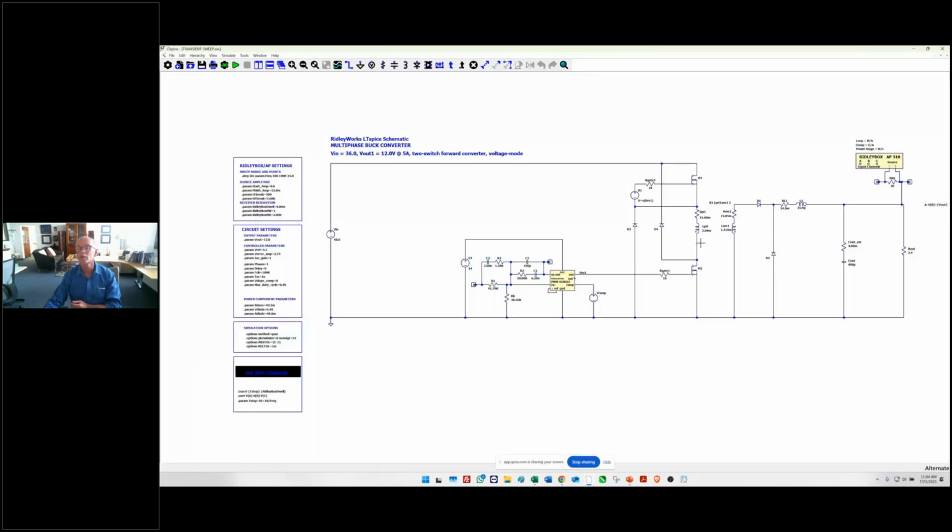In one of our presentations on the website, we also show how you can put proximity loss in the primary, proximity loss in the secondary, core loss on the transformer, core loss on the inductor, proximity loss on the inductor. You can run all the transfer functions again. Nobody is ever going to do that analytically. It is simply intractable. You can't solve that problem analytically, and it wouldn't make any sense to try. But you can put as many parasitics in there as you like.